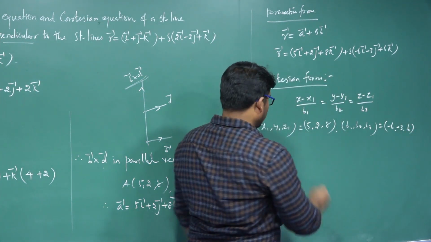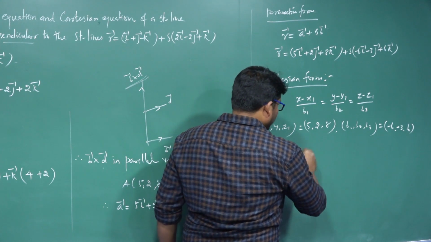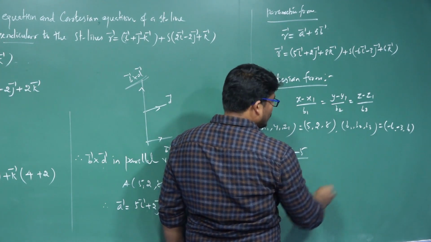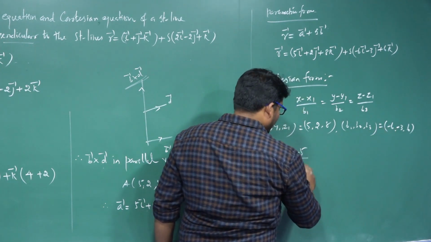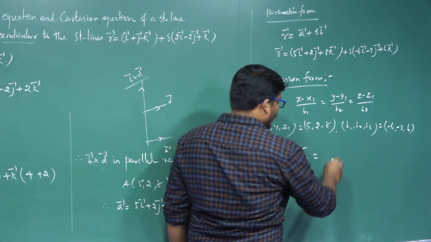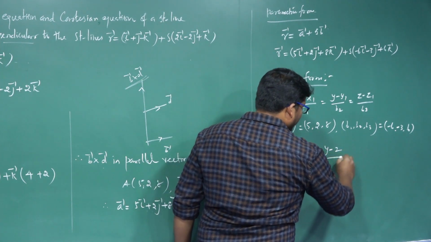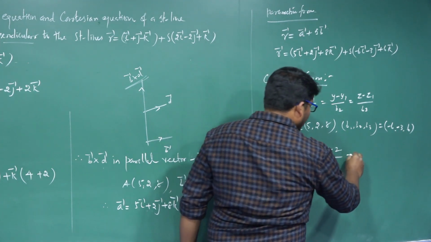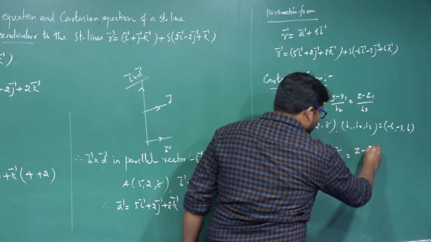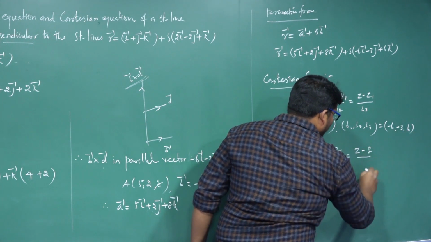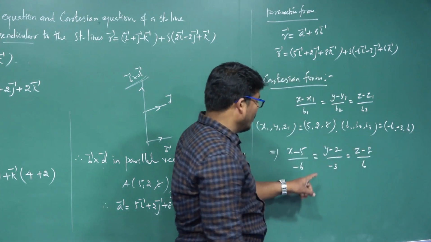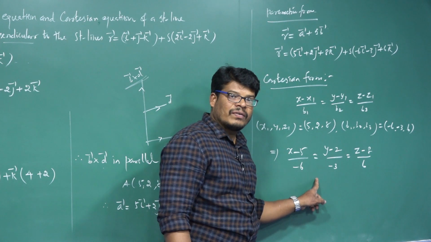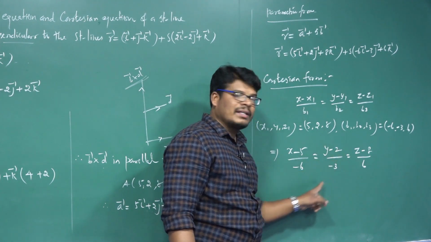Substituting, the Cartesian form is (x minus 5) by minus 6 equals (y minus 2) by minus 3 equals (z minus 8) by 6, the Cartesian form of the straight line.